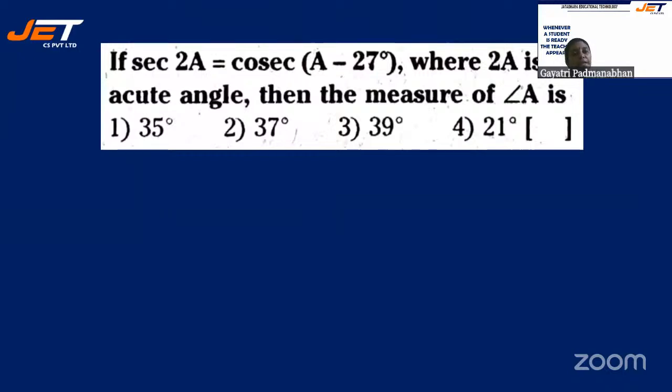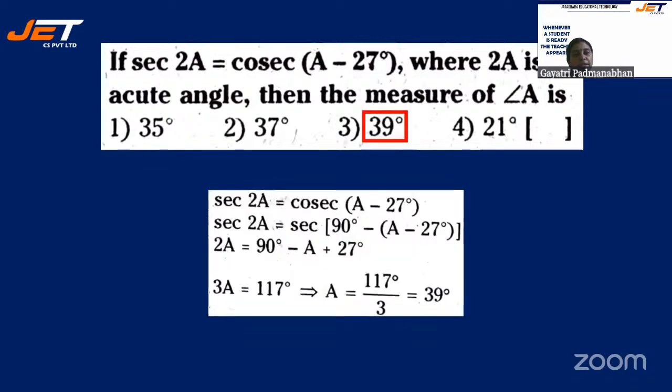If secant 2A is equal to cosecant of A minus 27 degree, where 2A is an acute angle, then the measure of angle A is dash. Yes, we remember just now we studied all the values, isn't it? 90 degrees and all that, right?